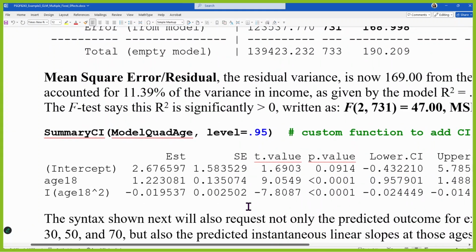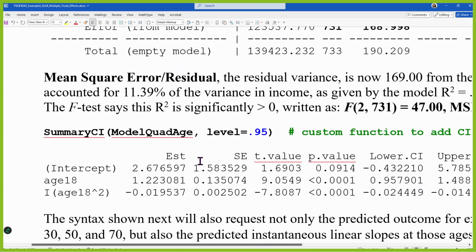So in terms of the pattern, the intercept is now 2.67. It's still the predicted outcome for someone who's 18, but it's predicted from a bendy model instead of a straight line. So it's quite a different prediction, but it has the same interpretation. The linear effect of age is 1.22, quite different than before.